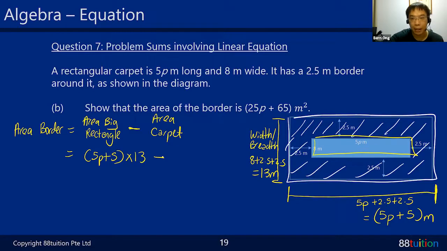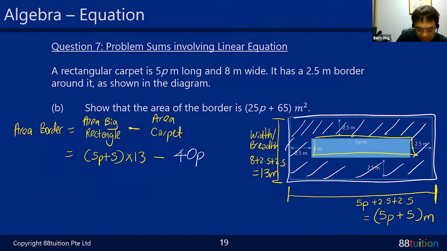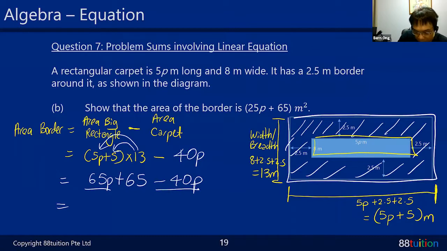Minus the area of the carpet, which I found just now is 40p. What do you do? Expand it. 13 times 5 is 65. So 65p plus another 65, minus 40p. Simplify it. 65p minus 40p is 25p plus 65.